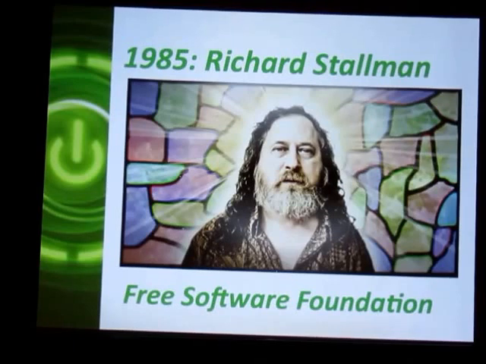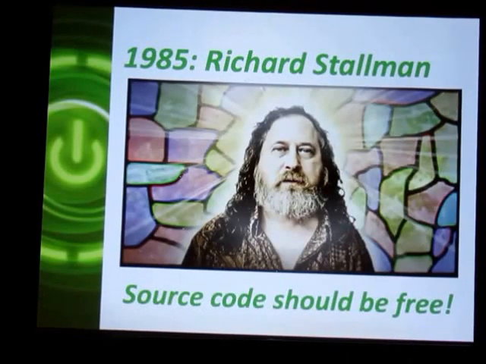And he formed the Free Software Foundation, and eventually what he wanted people to do is think that when you write source code, it should be free so other people could improve upon it, right? He called that free software, which, as we all know, is not a great term. I don't like the word free software, I'll be honest. Because free means, hey, it's free. Yeah, sure, it could be free. Free means free source code, right? Open source is a better term for it, right?